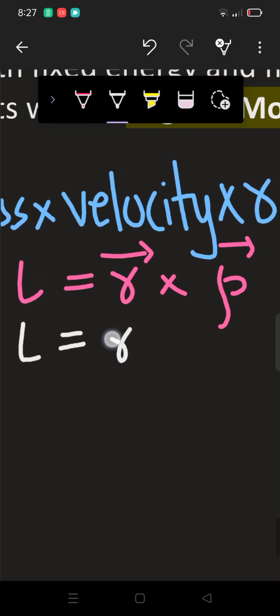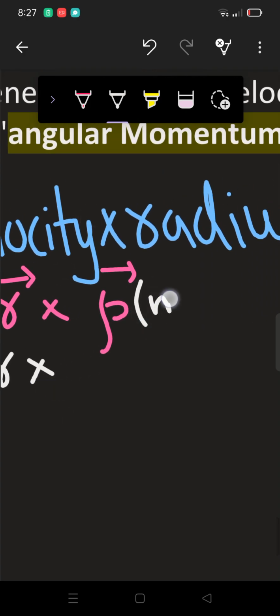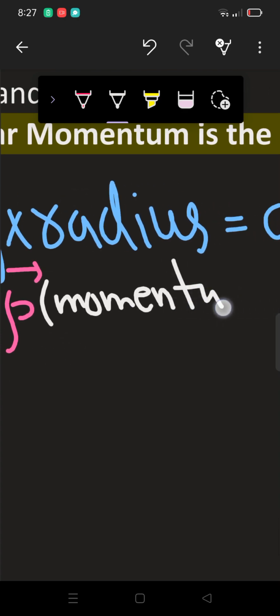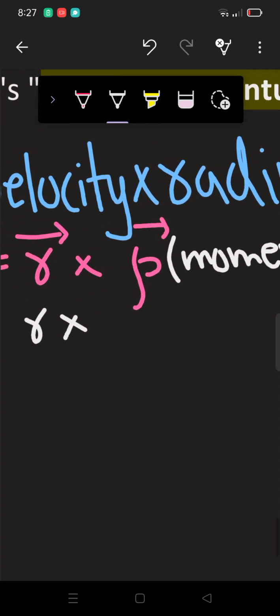Radius same, and it's not position vector, sorry, it's momentum. P represents the momentum. Momentum is equal to mv, the product of mass into velocity.